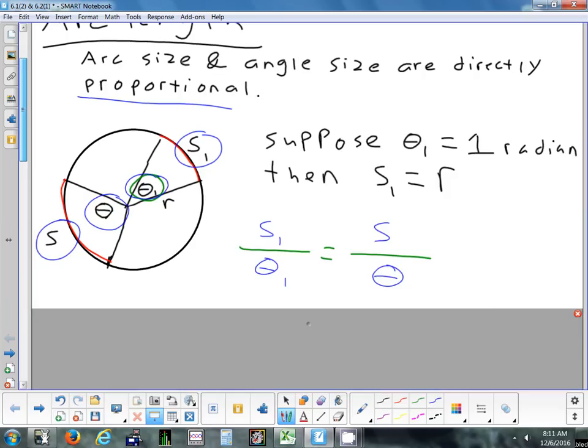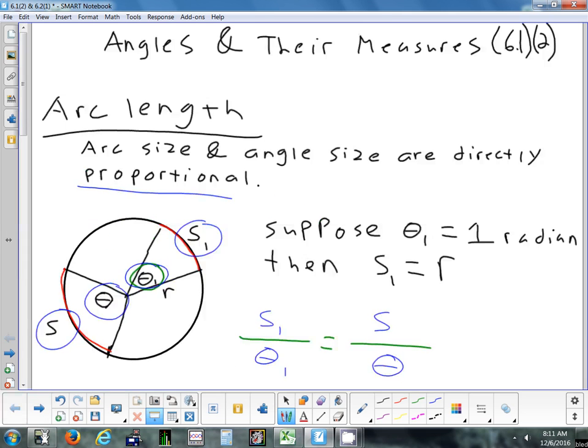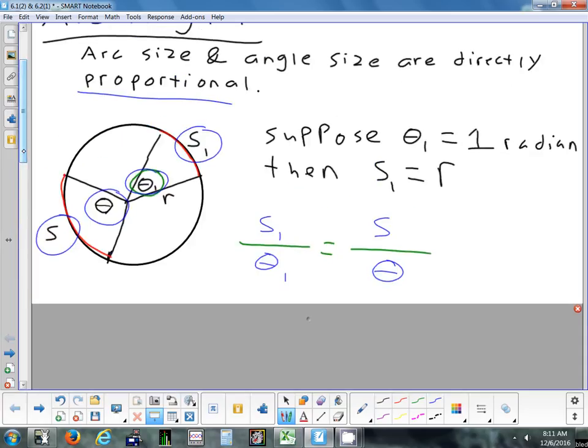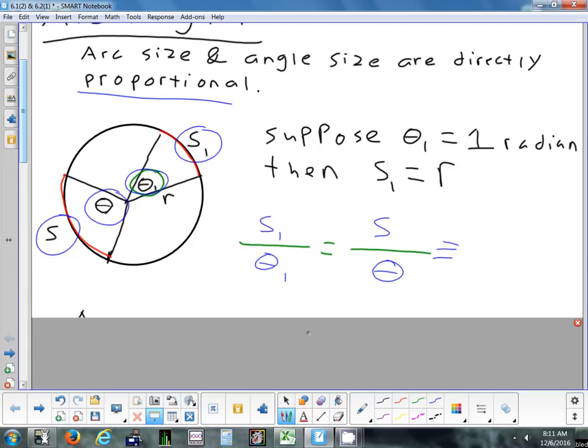Now we're going to plug in that fact that we know. We're going to fill in our starting fact, and then we'll figure out a formula. Our starting fact is that S1 equals R. So let's change S1 to R, and theta 1 is 1.